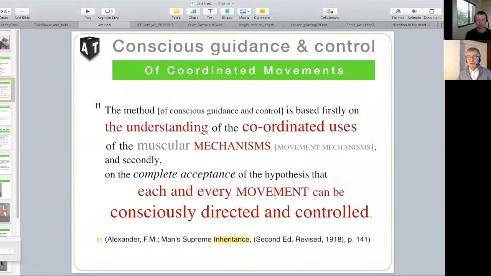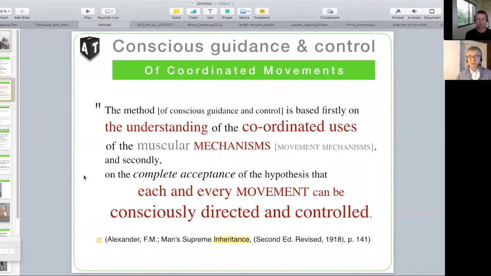So here it is. The method is based firstly on the understanding of the coordinated uses of the muscular mechanisms, and secondly, on the complete acceptance of the hypothesis that each and every movement can be consciously directed and controlled.